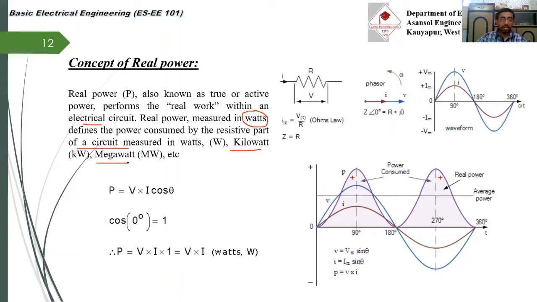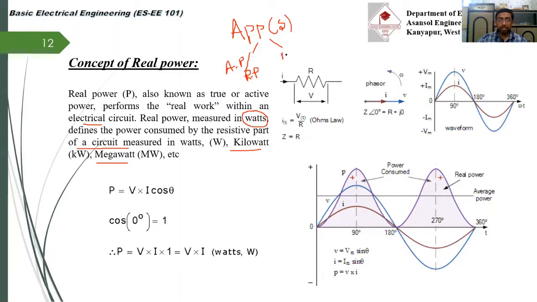Okay. Now, actually, whatever we are calling power, the power is first apparent power, that is called S. This apparent power is of two types. One is active power or real power, right?